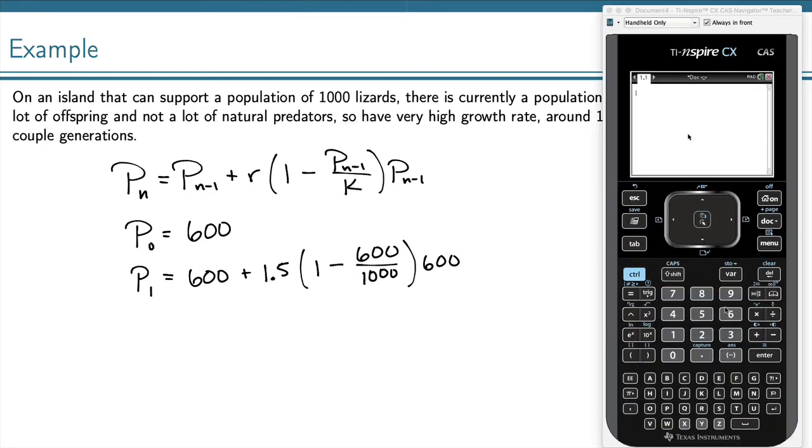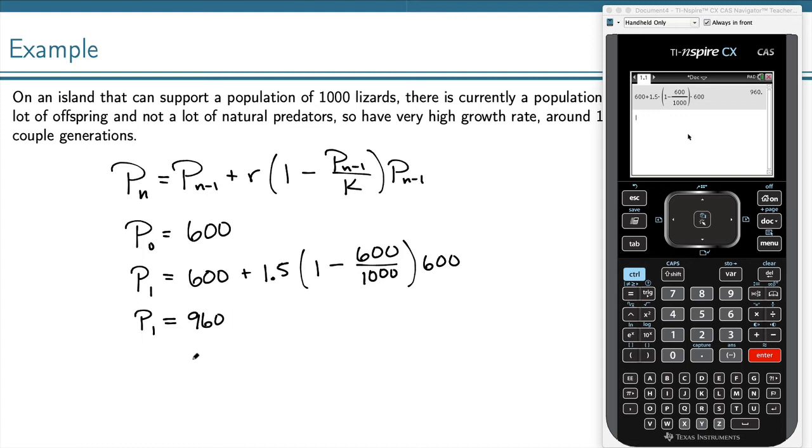We can plug this into our calculator: 600 plus 1.5 times 1 minus 600 over 1,000 times the 600. We get 960. That is our population, the next generation.